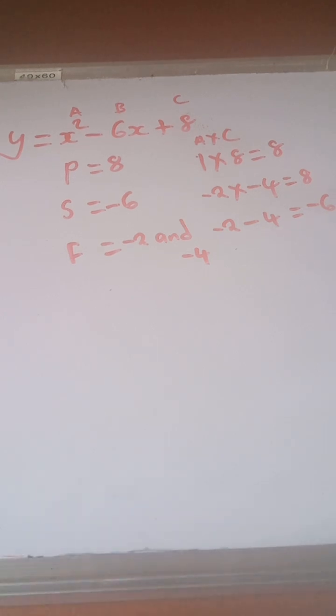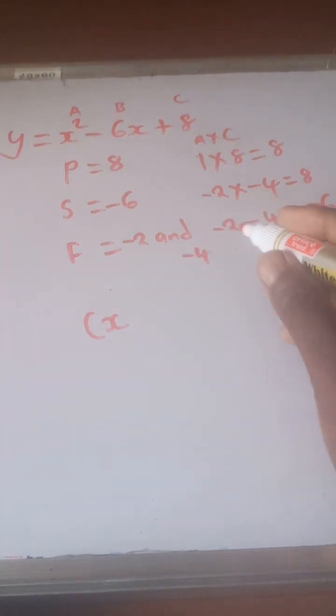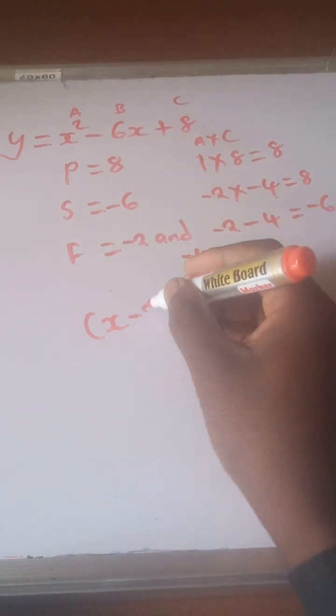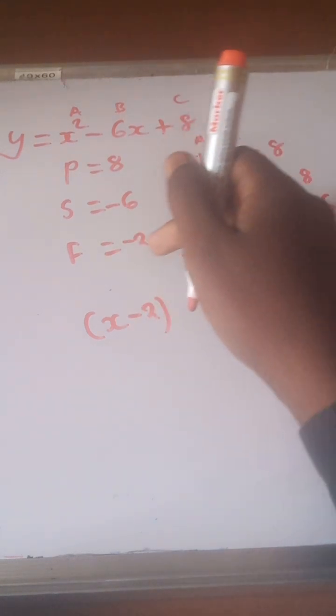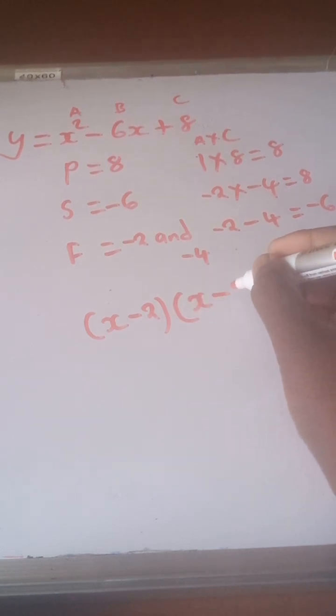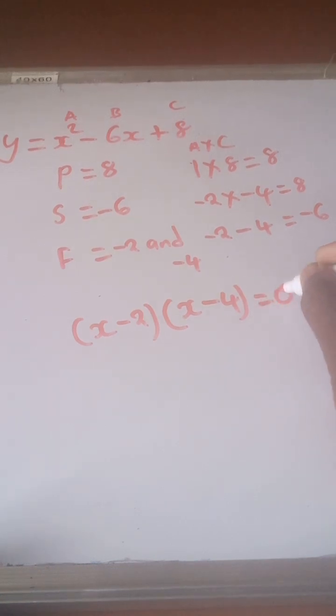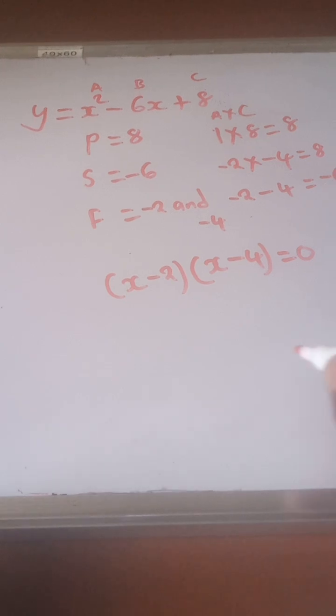So when answering the question, since they want the coordinates of B and C, you open x minus 2 equals 0, the same factors which you got here. Again, x minus 4 equals 0. I hope you are able to see.